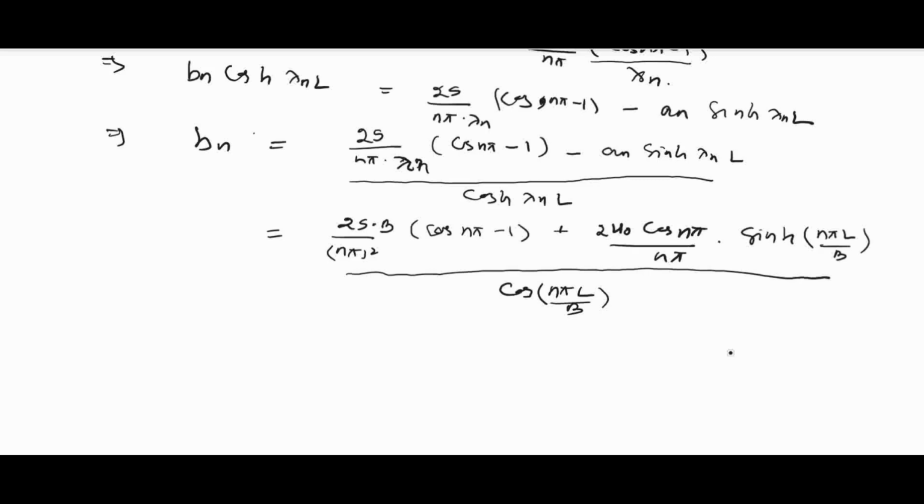Now we got bn, we got an, we got lambda n. So what can we write here? Therefore the final solution is, this is equation number 14.